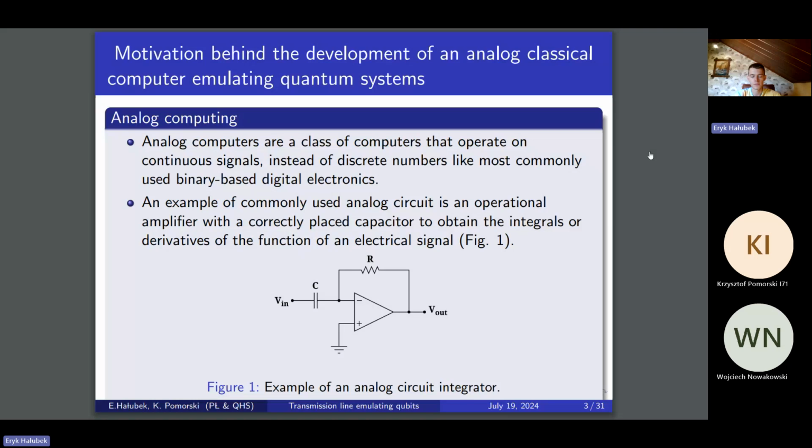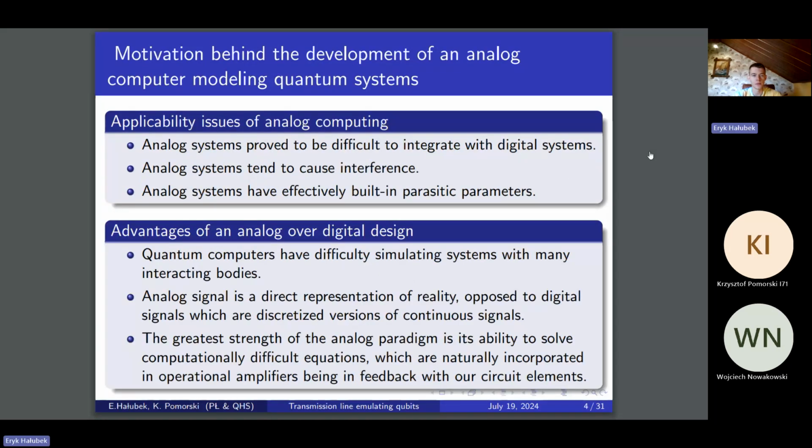Here is an example of such an analog circuit that could be used to integrate an electrical signal. It consists of a capacitor, resistor, and operational amplifier. So it is possible in some cases to use analog devices to compute some things.